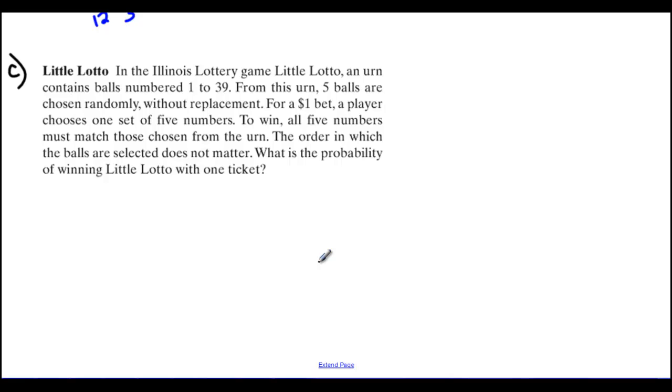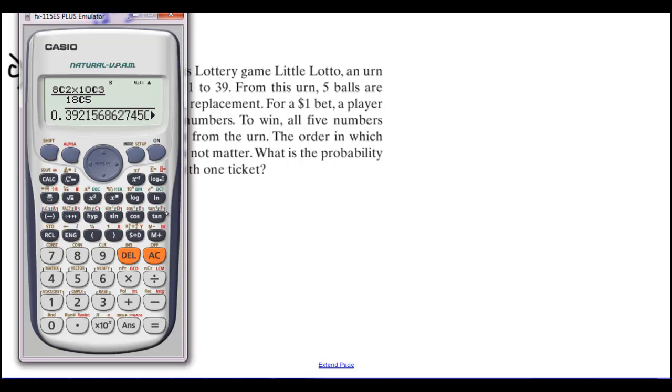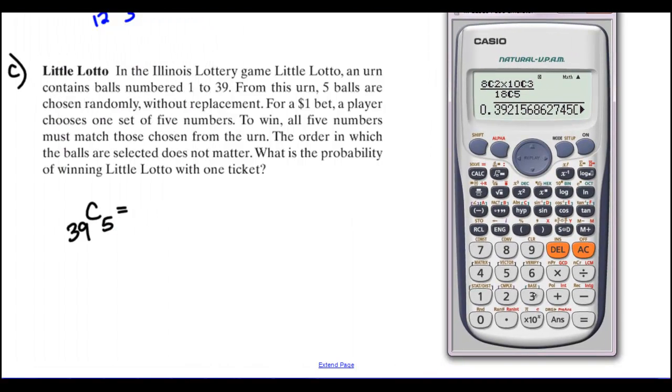Well, first, we need to figure out how many ways we can pick 5 balls with the numbers 1 through 39. So of 39 objects, we're going to choose 5. So we're going to have 575,757.